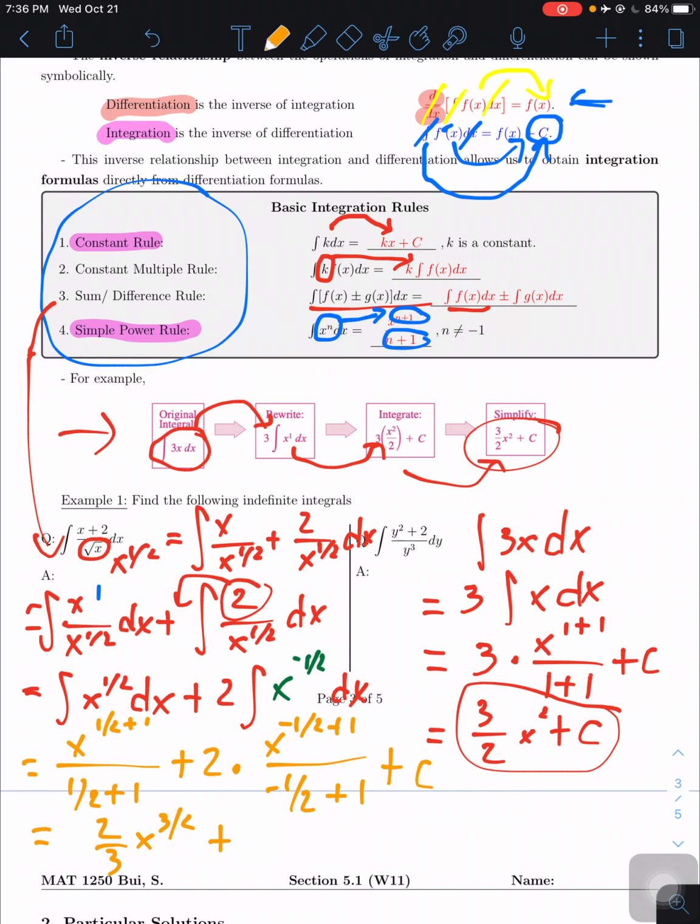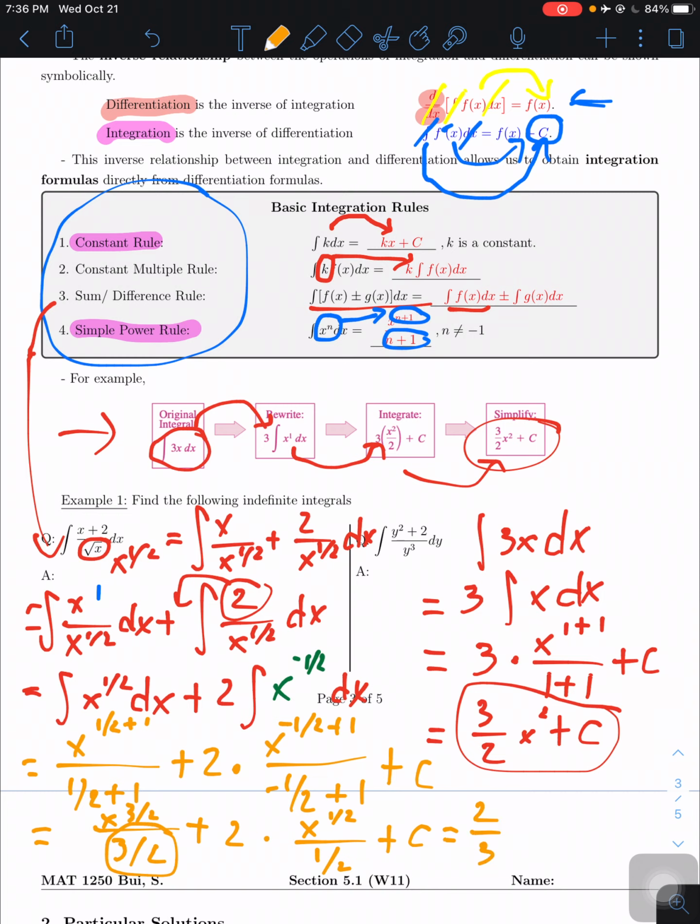Actually, you know what? Let me just do it step by step, just in case I confuse you guys. So this one is going to be x to the 3/2 divided by 3/2 plus 2 times x to the 1/2 divided by 1/2 plus c. And to end this, because this one is on the bottom, I'm going to go ahead and flip it.